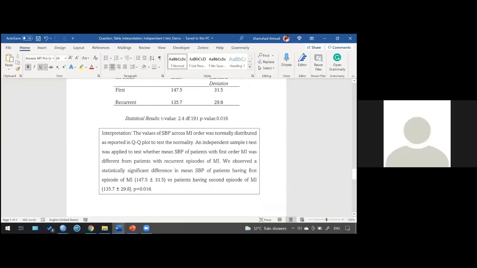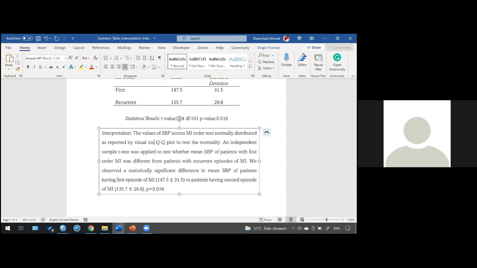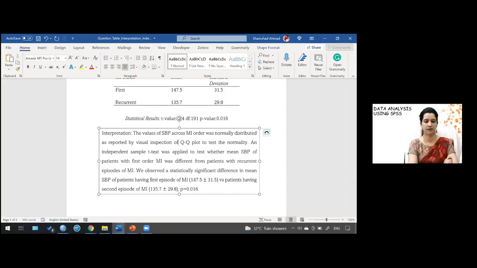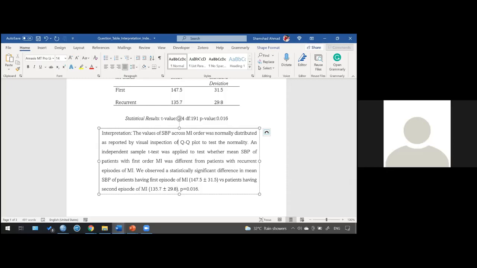Yes. Ma'am, the values of systolic blood pressure across MI order were normally distributed as reported in the QQ plot to test the normality, and an independent sample t-test was applied to test whether mean SBP of patients with first order MI was different from patients with recurrent episodes of MI.